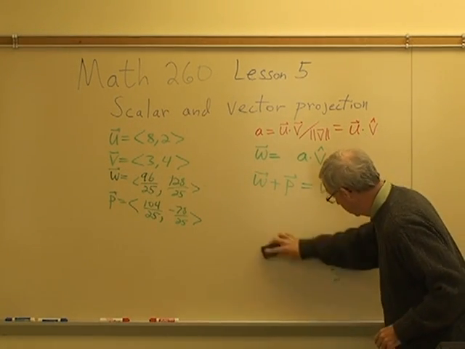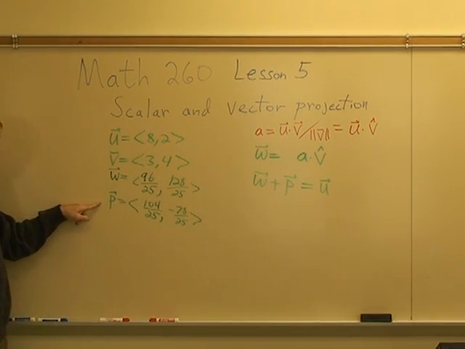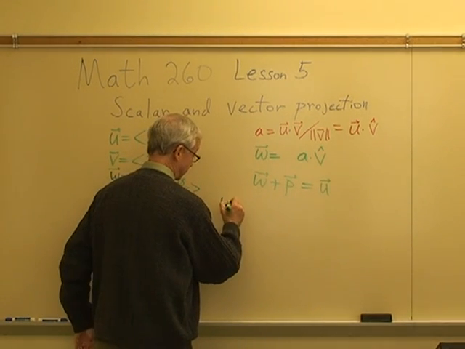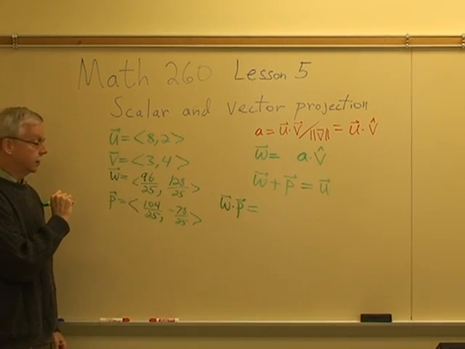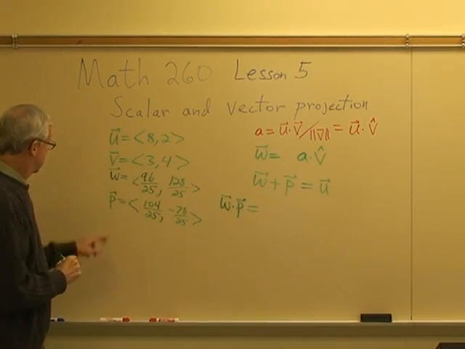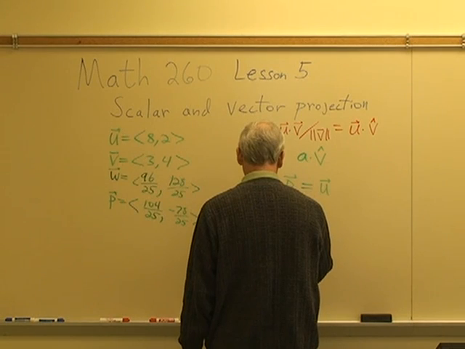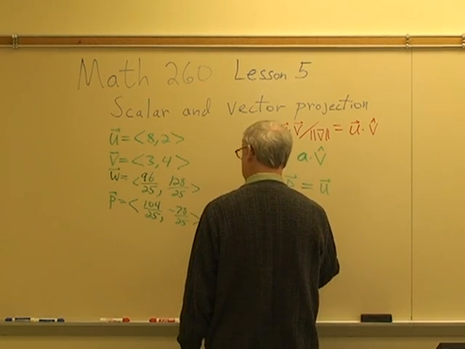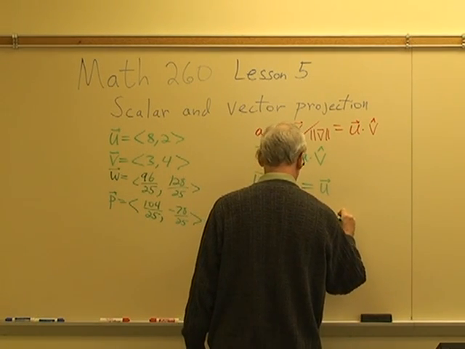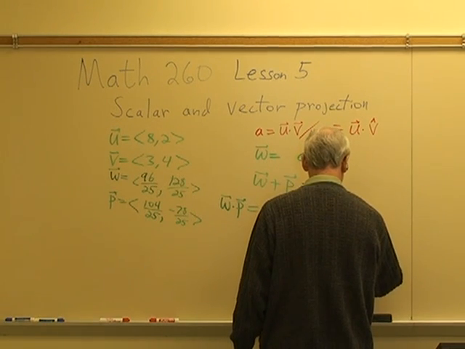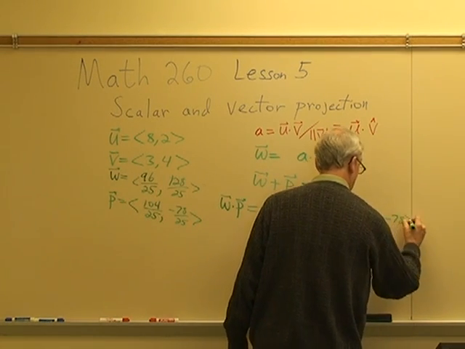So we're not computing anymore, we're just verifying that we did the work correctly. If W and P are really perpendicular, then W dot P would better be 0, right? So what I'm going to do is cheat a little bit. I'm going to write it this way.